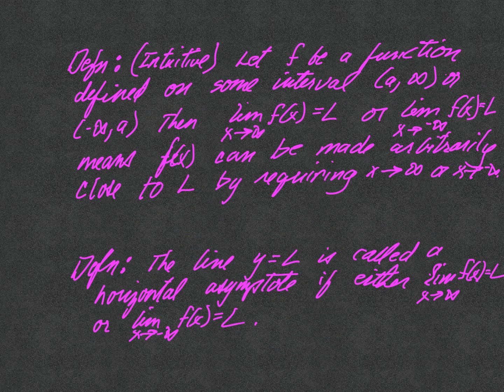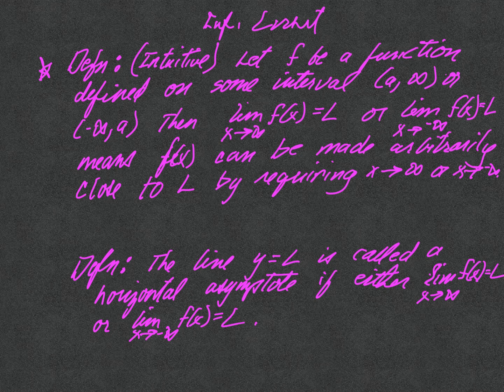Okay, so there are two definitions that we want to cover right now. The first one is just the intuitive definition of what an infinite limit is. So what is an infinite limit?